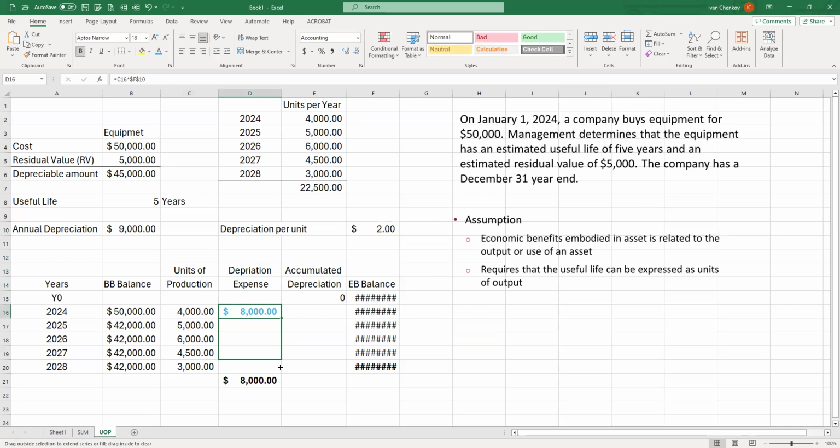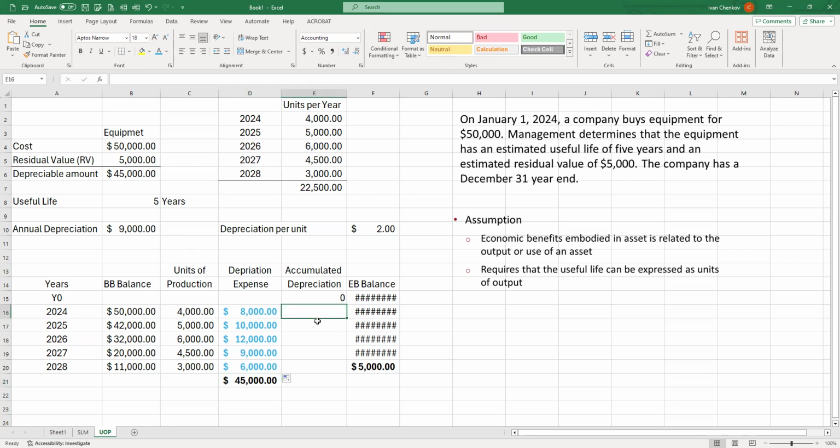Second year, our depreciation will be $10,000, $12,000, $9,000, $6,000. So as you can see, once we complete those units at the end of year 5, we're going to transfer as depreciation exactly the same amount, which is the depreciable amount of $45,000.